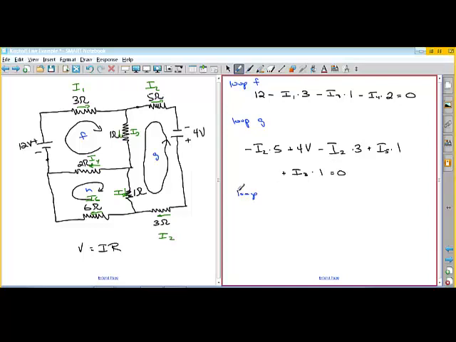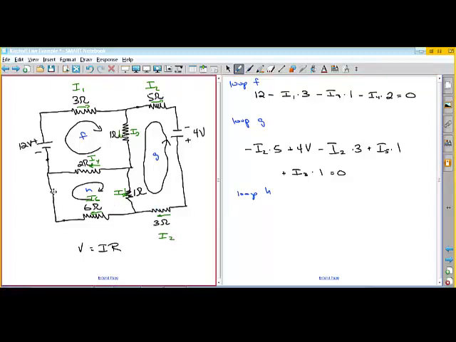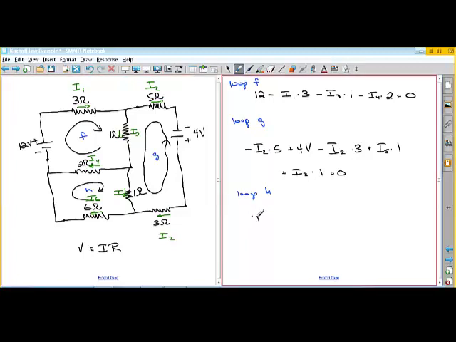And then we have a loop H. So again, I'm going to pick some point, pick that point. So we loop around clockwise. Again, we're going opposite the direction of the assumed current, so we're going to assume that's plus. In terms of voltage, from left to right, we would increase the voltage.